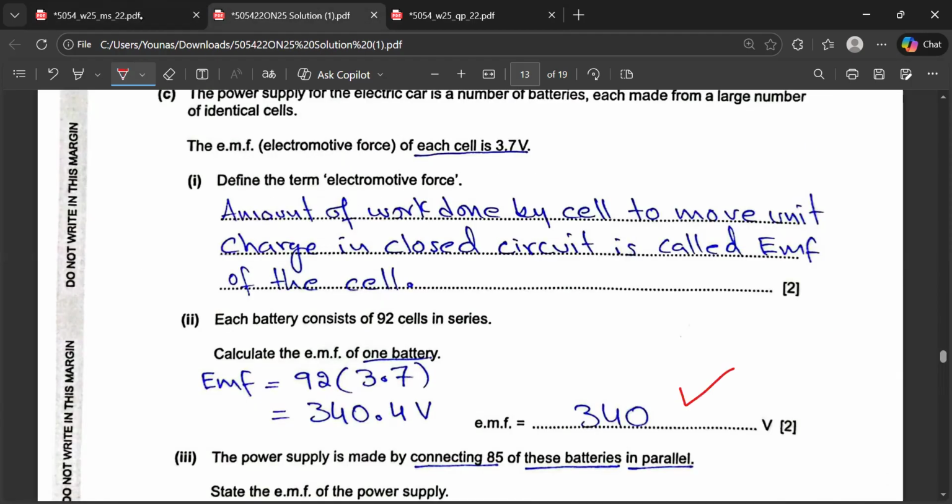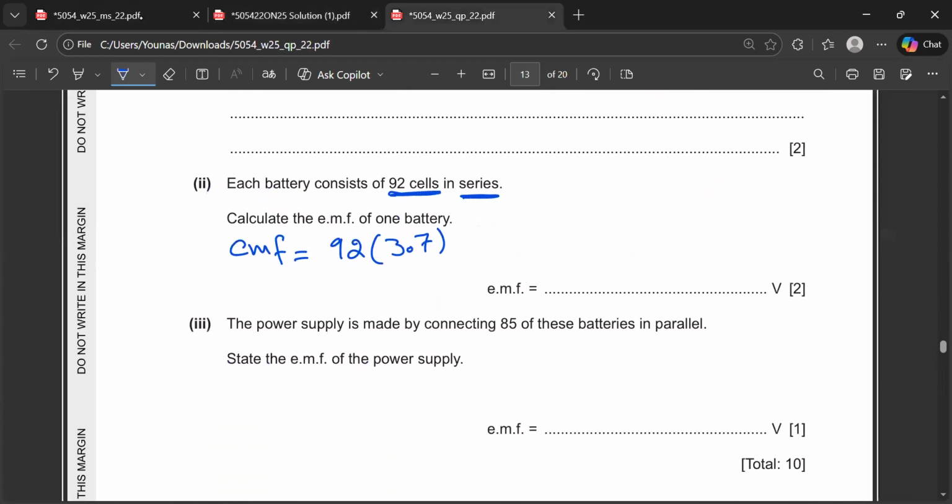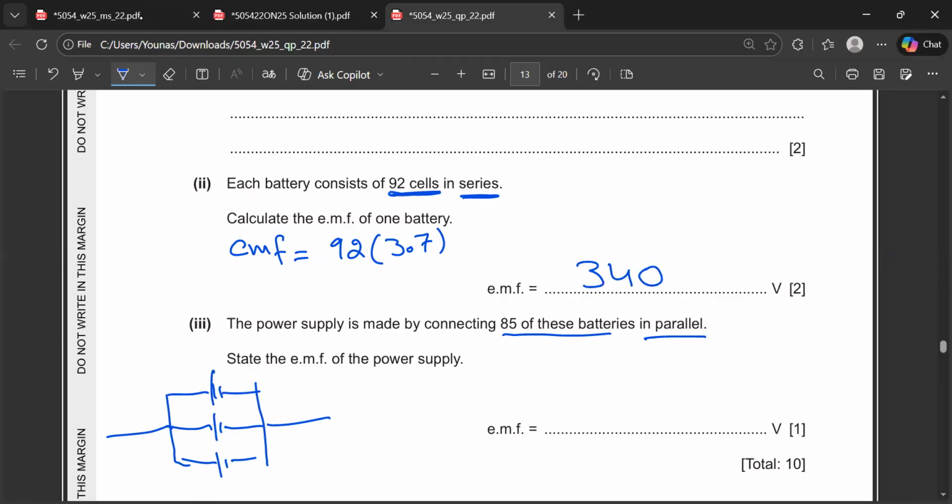Then we have another question. He says the power supply is made by connecting 85 of these batteries in parallel. If you connect identical batteries in parallel like this, I just connected three batteries, each battery is of 340 volt, and if you have connected 85 of the batteries, they will all have this.